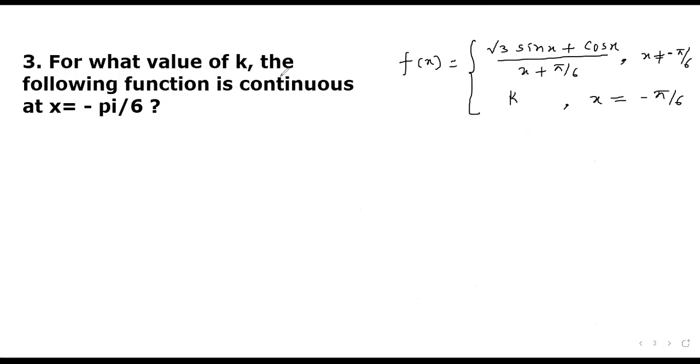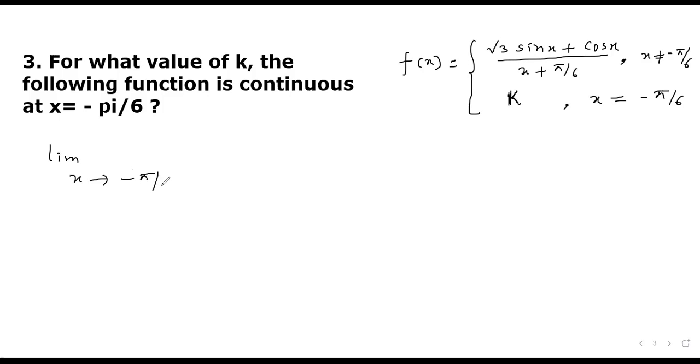For what value of k is the following function continuous at x equal to minus pi by 6? Here the function is continuous, so we are going to evaluate the limit at x equal to minus pi by 6.